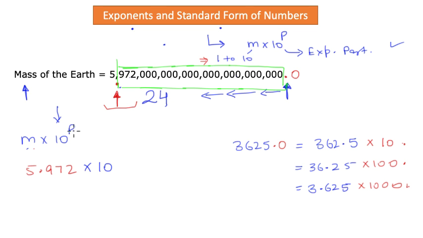That means the power p becomes 24. I am simply using this fundamental of movement of the decimal digit. Every time a decimal digit moves, you multiply with 10. And in this case, we moved 24 places, so this has to be multiplied with 10 to the power 24. So this is how you convert any number into the standard form.